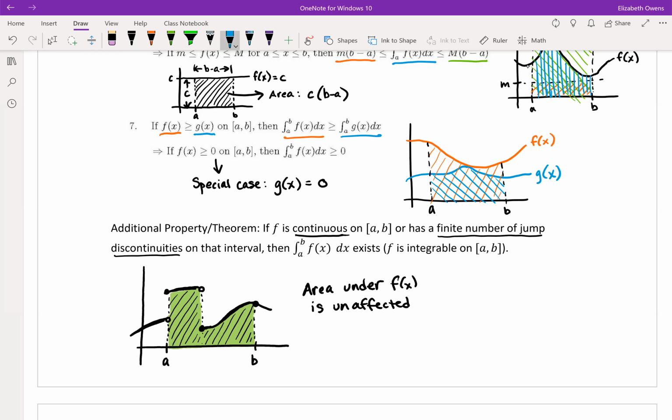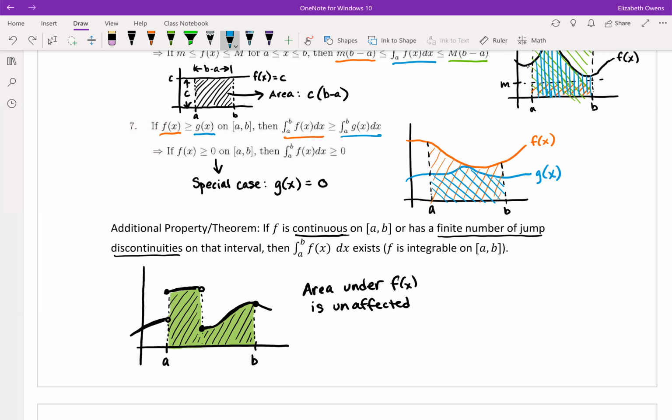But the part that's shaded in underneath the function, the area between the function curve and the x-axis, is not actually being affected by our jump discontinuities. This part right here where the jump discontinuity is lies along a vertical line, so that wouldn't have had any area associated with it anyway.